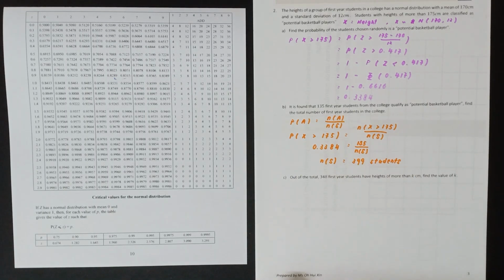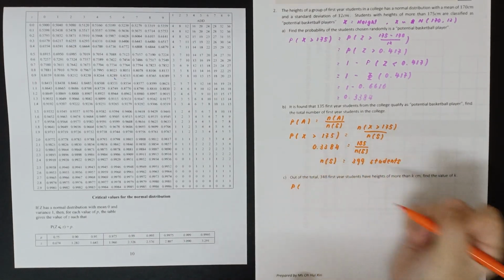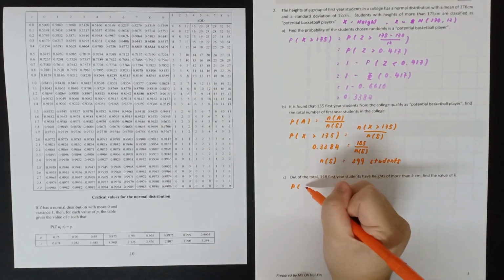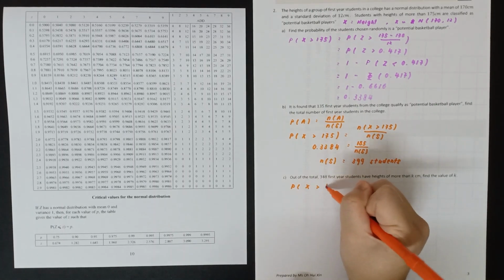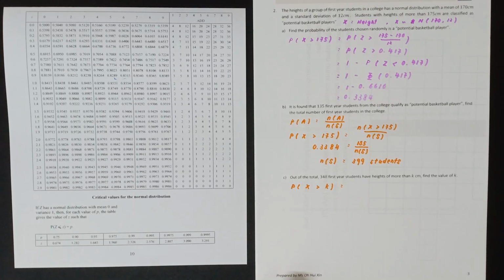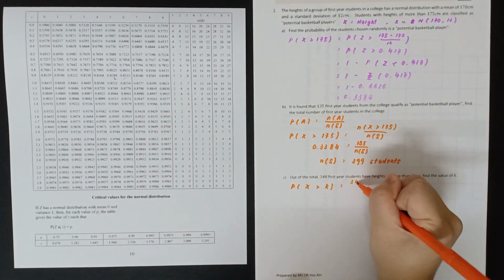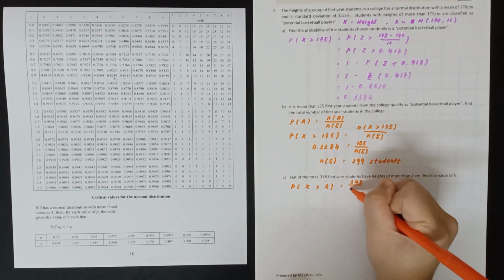So how do you find this probability first? You can try to write it out first. The probability for you to get a student with a height more than k cm is equal to, what is the percentage, or what is the probability? It's 348 divided by your total.